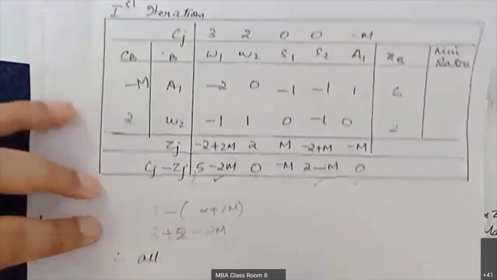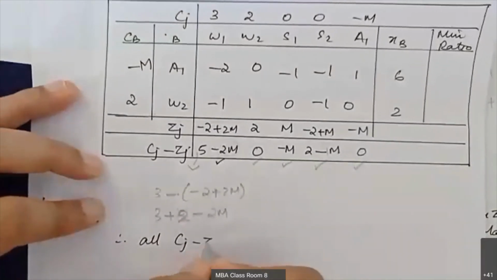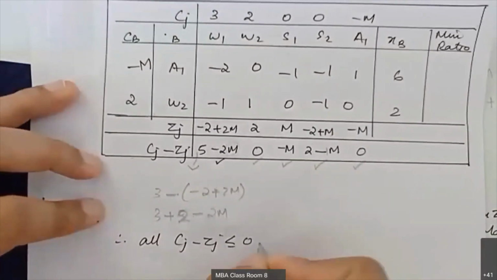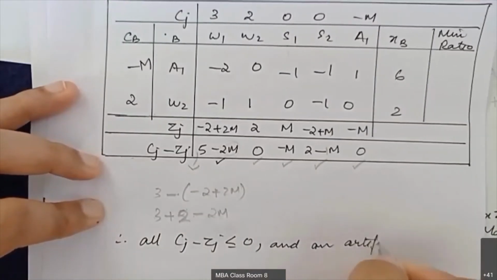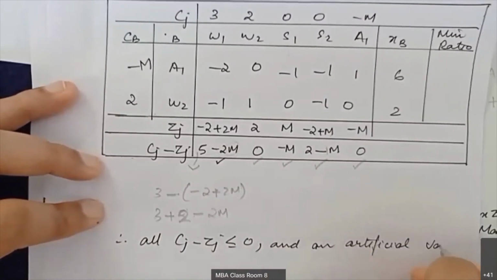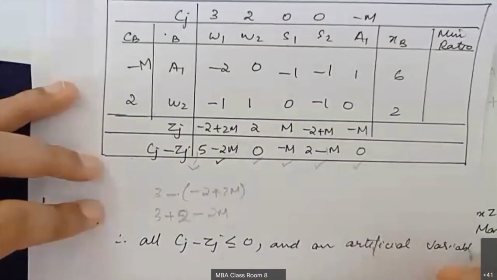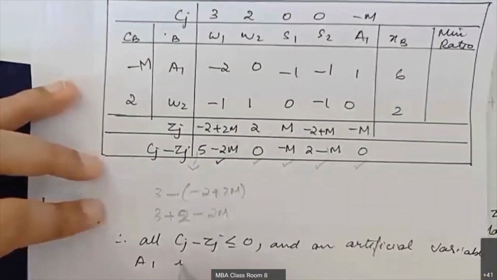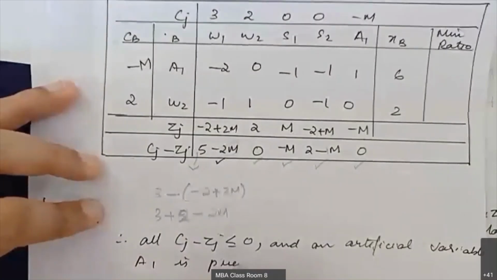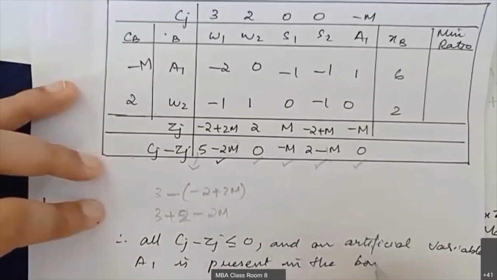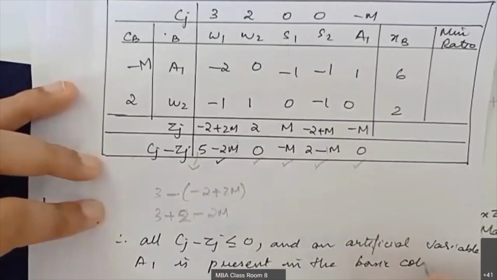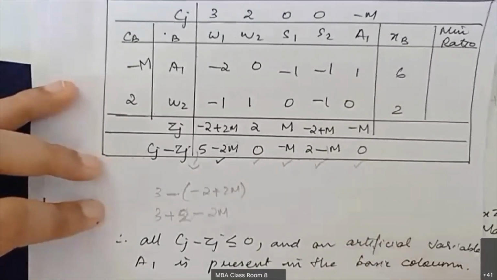Therefore, all Cj minus Zj is less than or equal to 0 and an artificial variable A1 is present in the basic column.